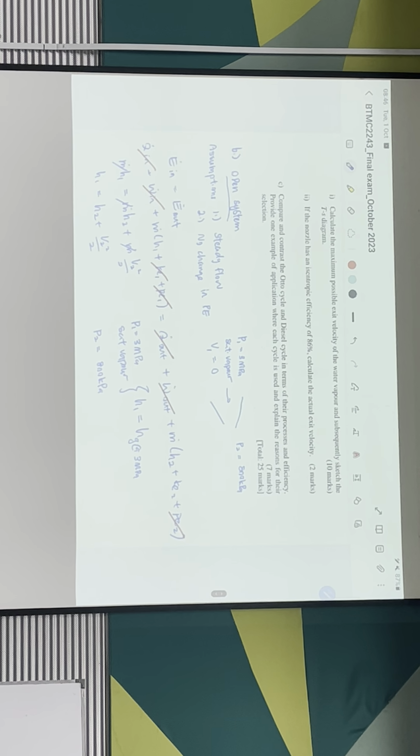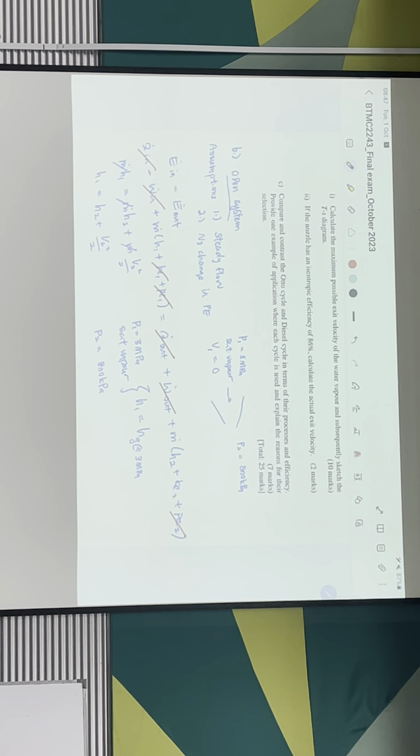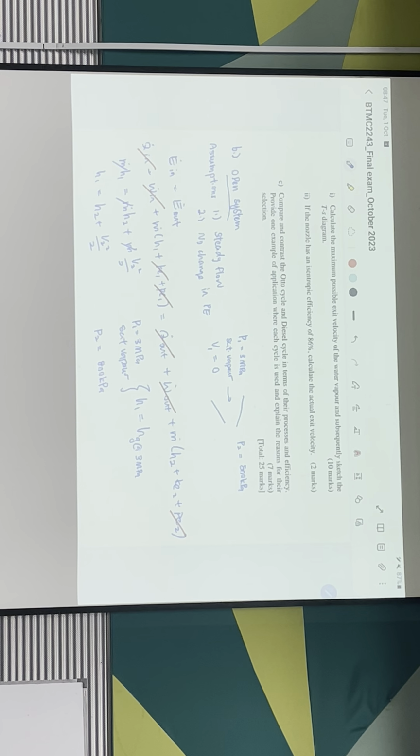You'll probably be able to identify the keyword here, but do you know what you need to do? The keyword here is: calculate the maximum possible exit velocity of the water vapor and subsequently sketch the TS diagram. Which means that the velocity V2 will be the maximum. So the whole thing happens under the most ideal condition.